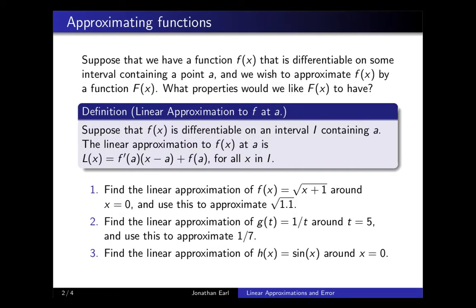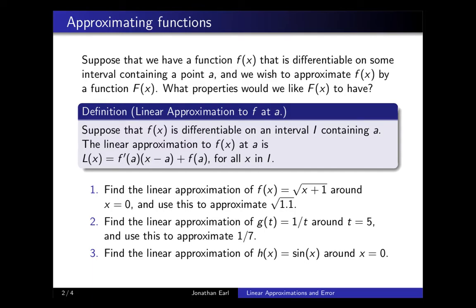Okay, so the question we have is, what properties would we like this approximation to have? Well, one thing that we would like is at least capital F and little f to be the same value at A, because that's kind of what we're going to be concerned with. We're concerned with what's going on around A, and maybe something else that we would like them to have in common is we would like our function and the approximating function to have the same derivative at A. Well, this is conveniently just the tangent line equation, right?